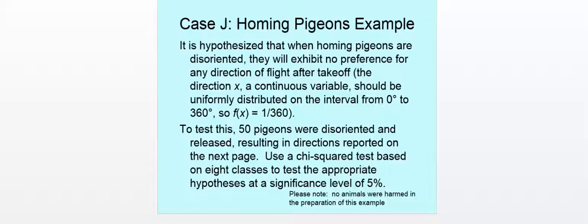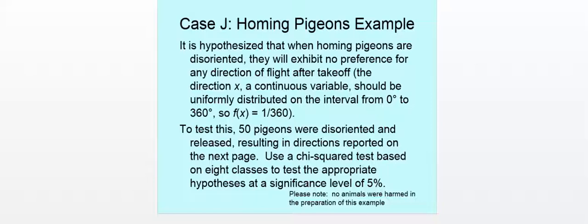So we're going to look at a case involving 50 homing pigeons that were disoriented, and then the direction of their flight was observed. And we're going to apply a chi-square test to see if we have any observable preference in the directions in which the homing pigeons fly.